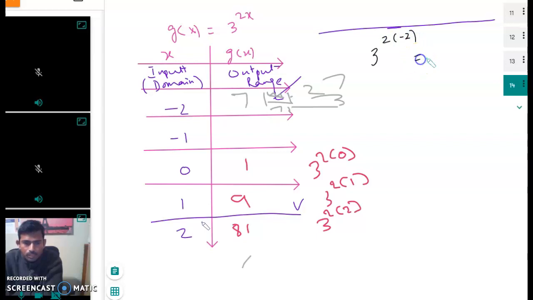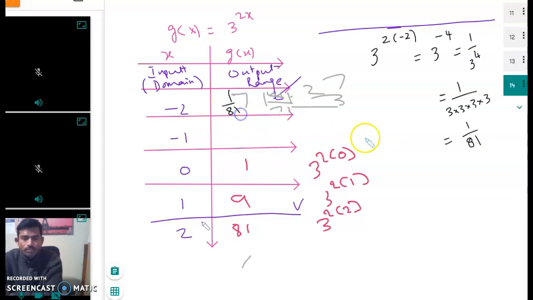Yeah. I can write 3 to the negative 4. Make sense? Yep. When you have a negative exponent, you make a positive exponent by reciprocal, which is 3 to the positive 4th exponent. 3 to the 4th power means 3 times 3 times 3 times 3, which is 81. So 1 over 81 is the output for this.